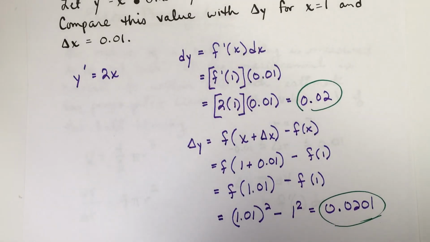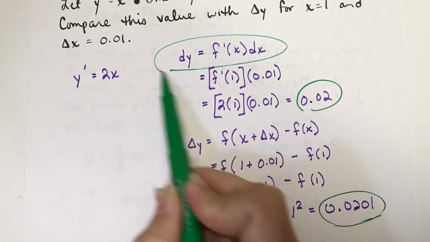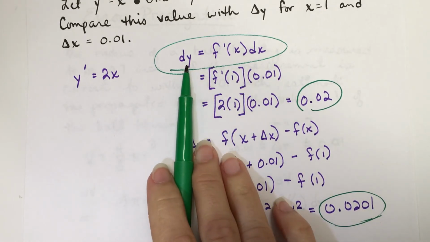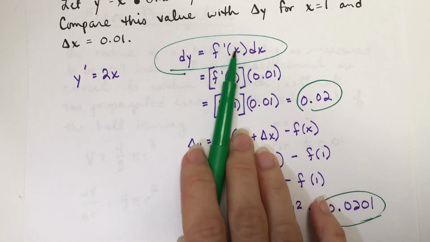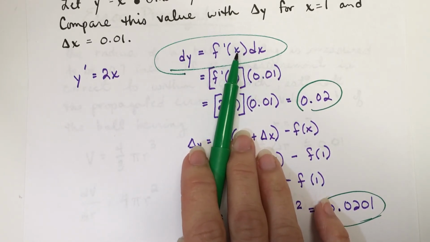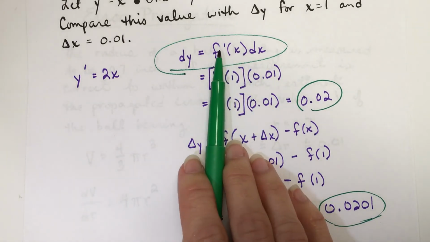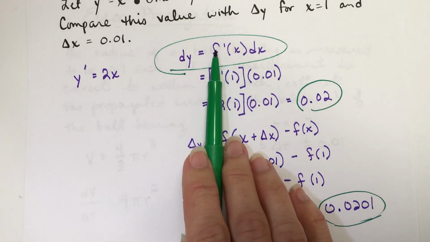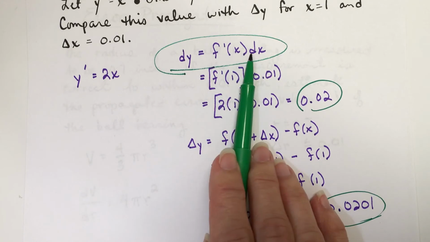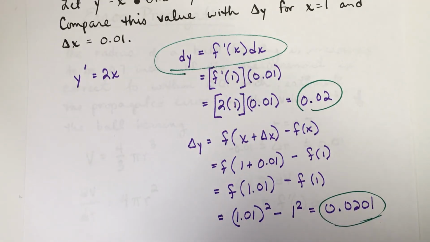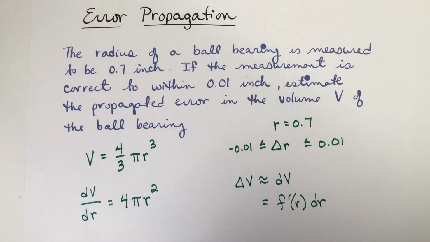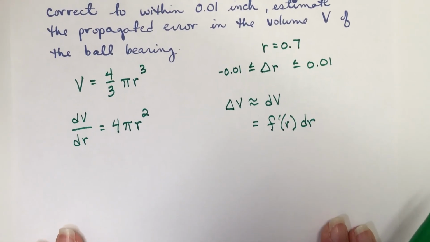So that's exactly the same thing that we were doing just right here, okay? It's just I'm putting it in terms of V and R. So this is dealing with your volume. And of course, instead of having an x value, we're dealing with radius. So if this is your derivative, f prime of x dx, now we have f prime of r dr. So it's exactly the same thing. I'm just adjusting the variables, okay?